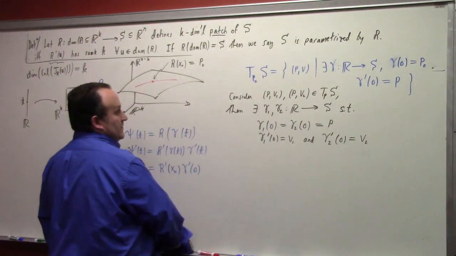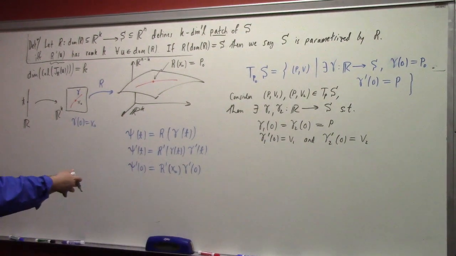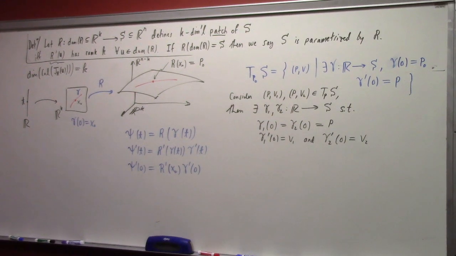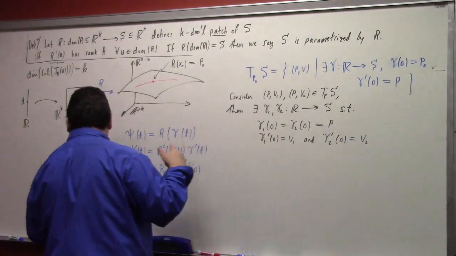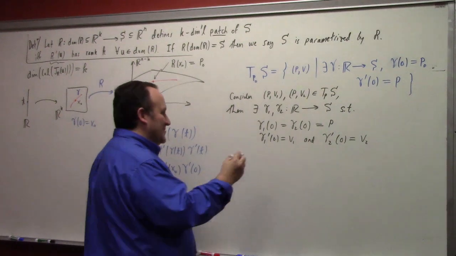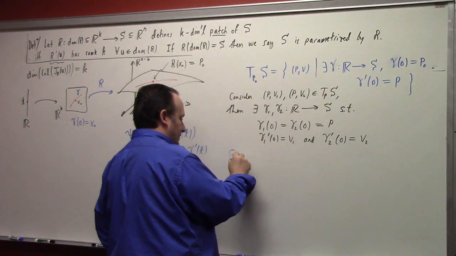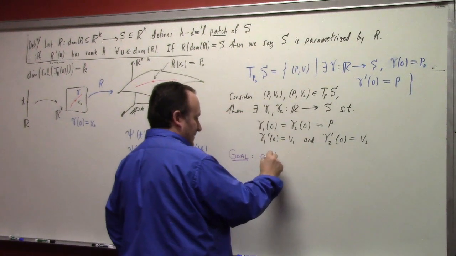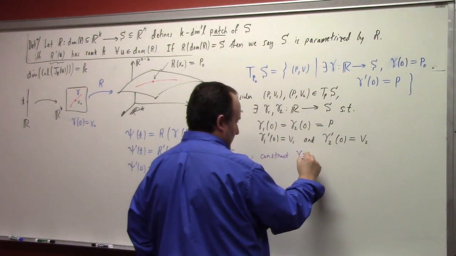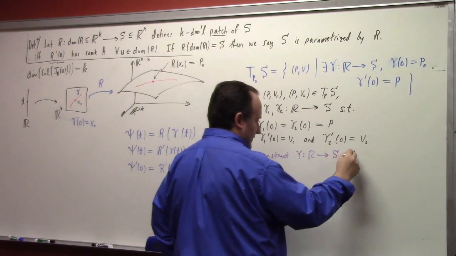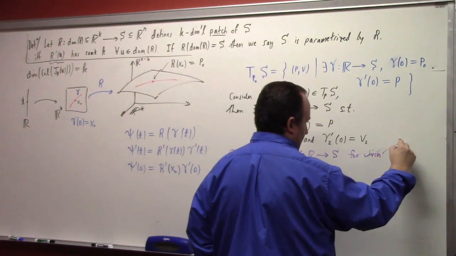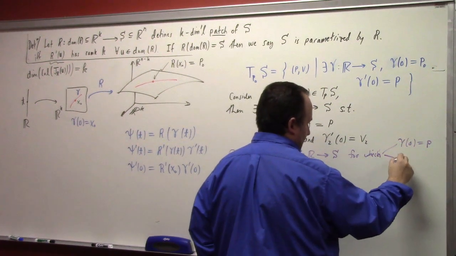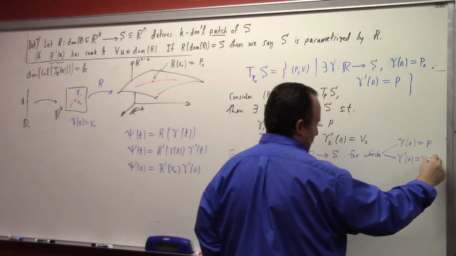Wonderful. So then, how do you construct, I want to construct at the moment, I know this is a proof in search of a theorem, isn't it? My goal is to construct gamma from the reals to S for which, of course, gamma of 0 is p, but also gamma prime of 0 is, let's say, v1 plus v2.